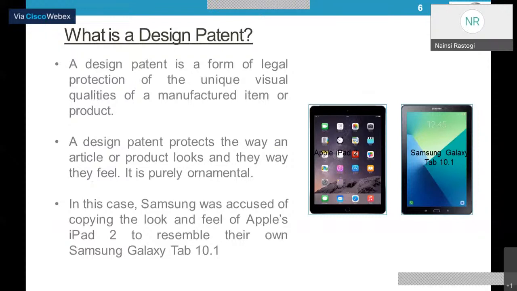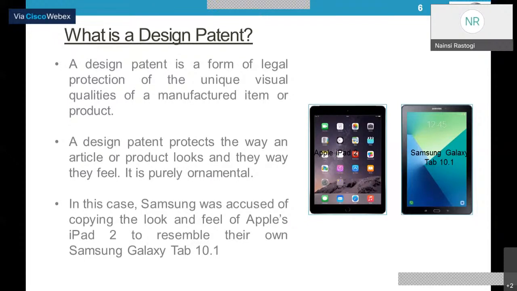In India, what we call industrial design is called a design patent in the US. It is almost similar, we can compare both the rights. A design patent is a form of legal protection of the unique visual qualities of a manufactured item or product. So basically it is for the aesthetic view.